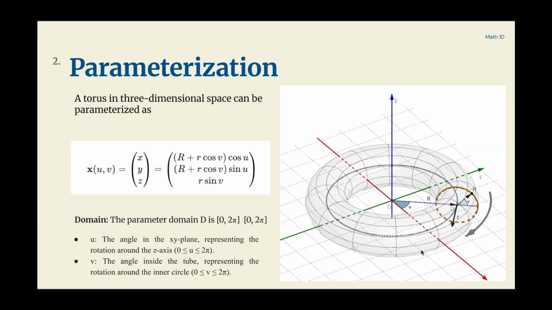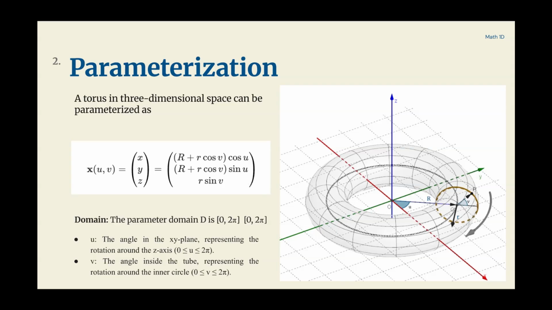And when we go to the y, things don't change, only u changes, so we go to sine u. And then the z-axis is simply just the height of this donut, right? So it's just the small r times sine v. That's it. So the parameterization is kind of easy, and we're going to use this a lot. This is our base function.